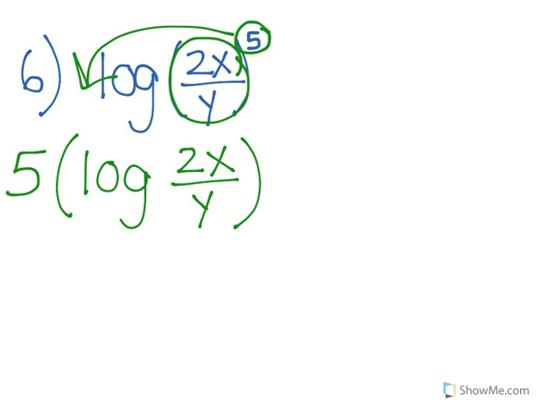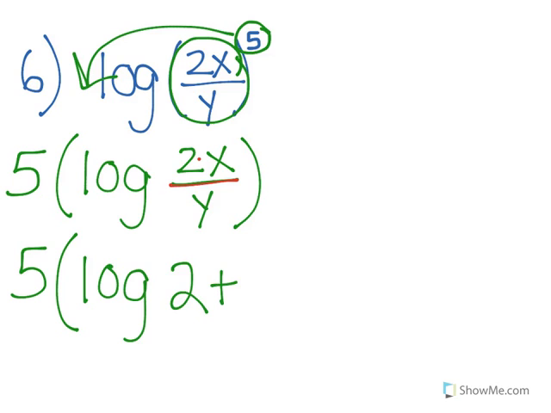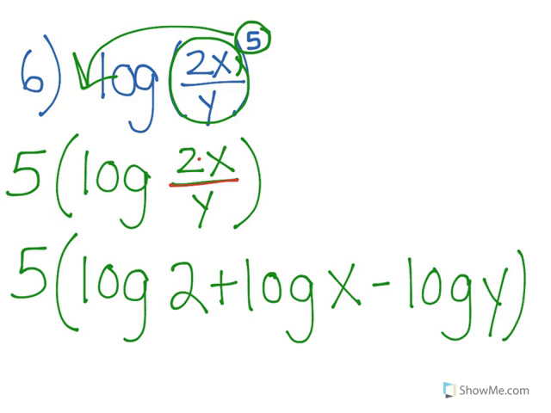So like the last one, we have a 2 times x divided by y. So it's going to be 5, and then I'm going to have log of 2 plus log of x minus log of y. Just like before, but now we have this 5 in front.